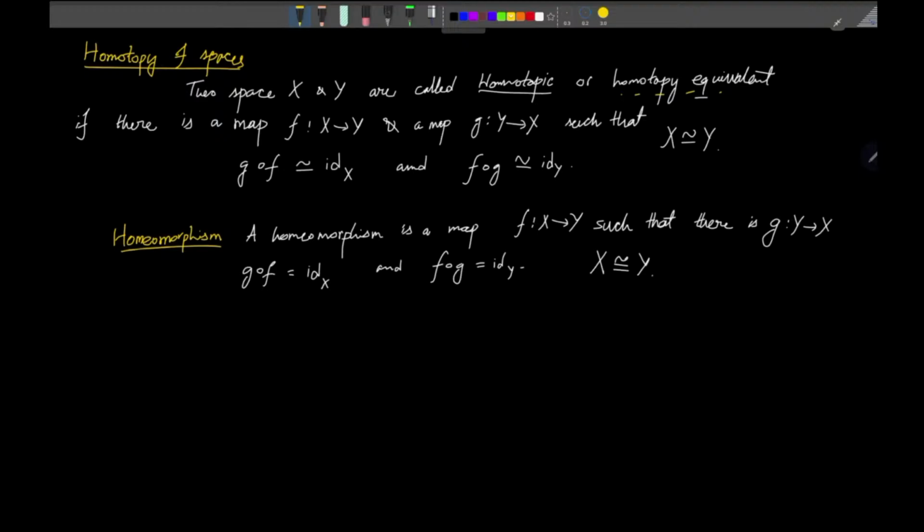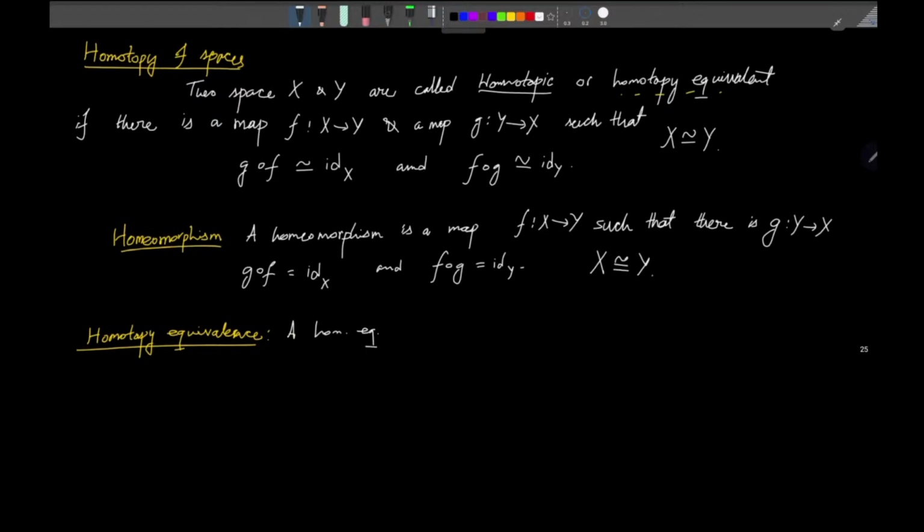So that is homotopy equivalence. So just as a homeomorphism is this, a homotopy equivalence is just the same thing.